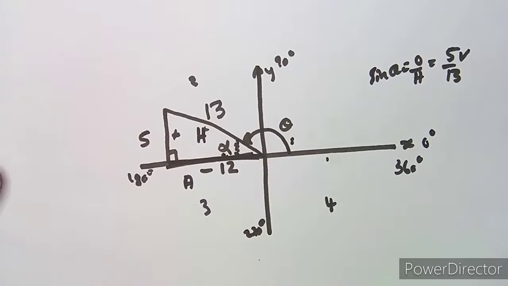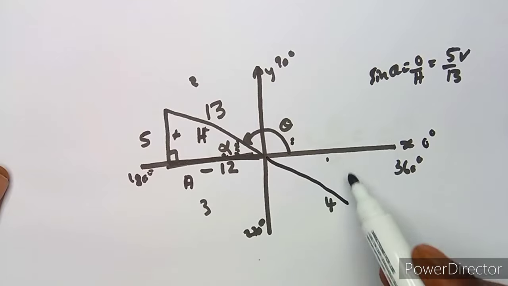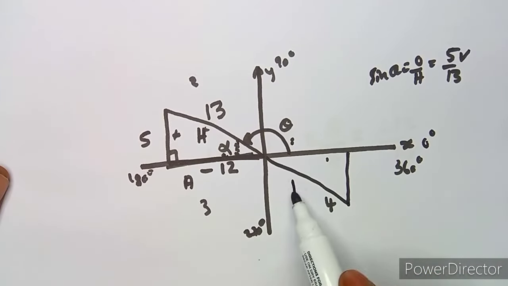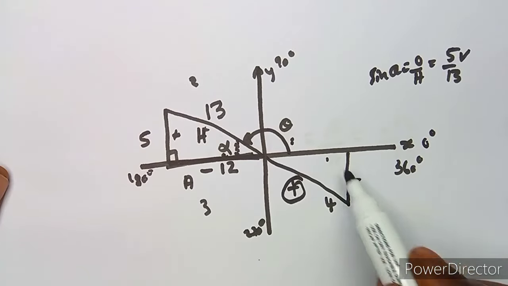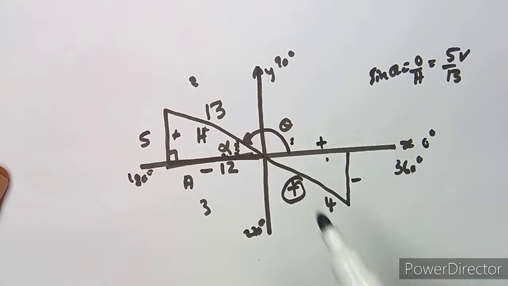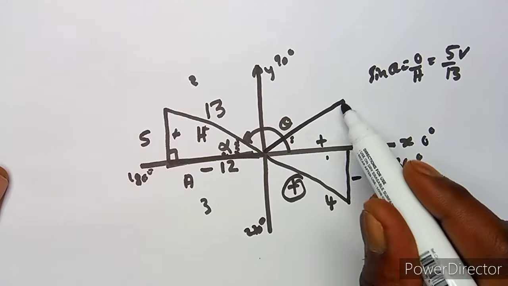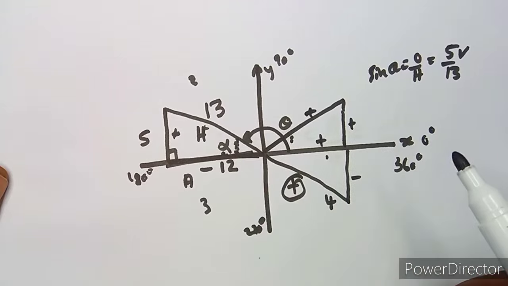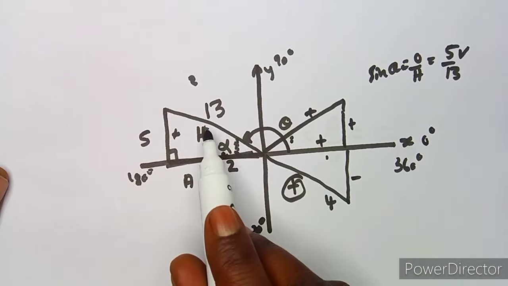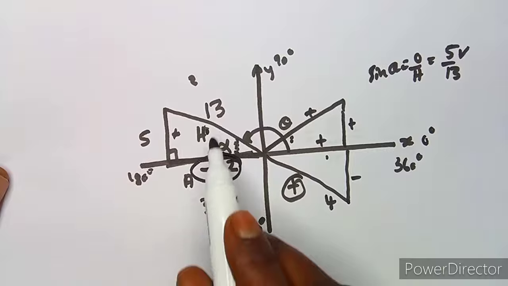Hypotenuse is always positive. Whether your triangle is on this side like this, hypotenuse is always positive. But if it is like this, it was going to be negative. This one is going to be positive. If your triangle was in the first quadrant like this, this was going to be positive, positive, positive, like that. So in this case, it's negative, positive, so it's negative 12/13.